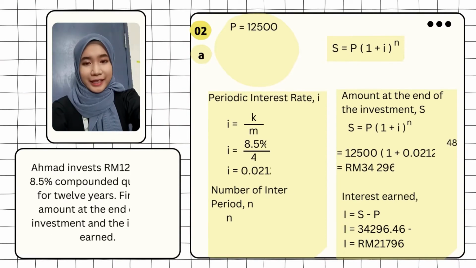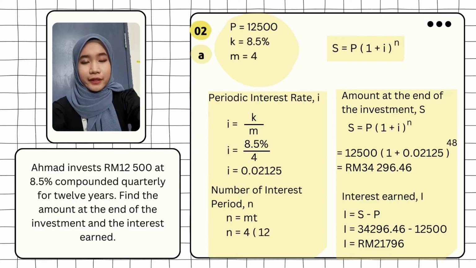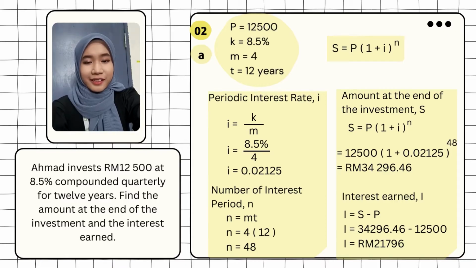Question 2, 2A. Ahmad invests 12,500 ringgit at 8.5% compounded quarterly for 12 years. Find the amount at the end of the investment and the interest earned. From the question, the principal P is 12,500 ringgit, nominal interest rate k equals 8.5%, frequency of conversion m equals 4, and interest period t equals 12 years.